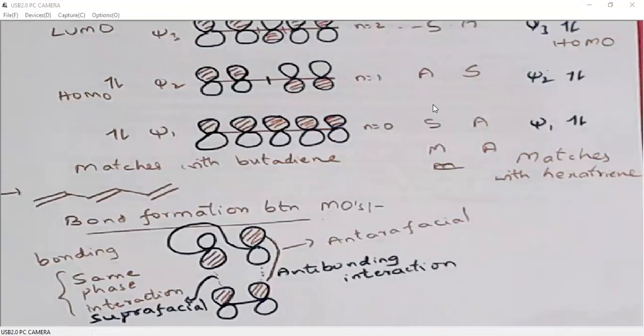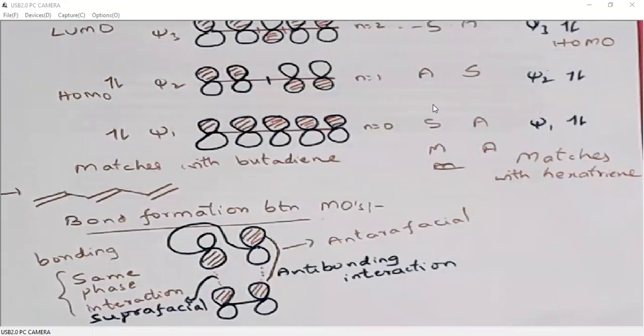If one molecule is large enough to have rotation of the orbital, then this orbital will undergo rotation so that these two orbitals are now approaching with a positive lobe. So if the direct approach leads to antibonding interaction and the approach after rotation of the orbital leads to bonding interaction, such bonding interactions are called antarafacial bond formations.